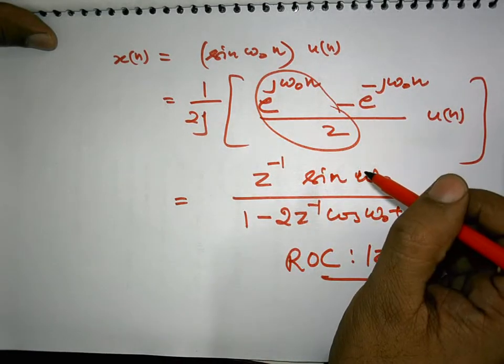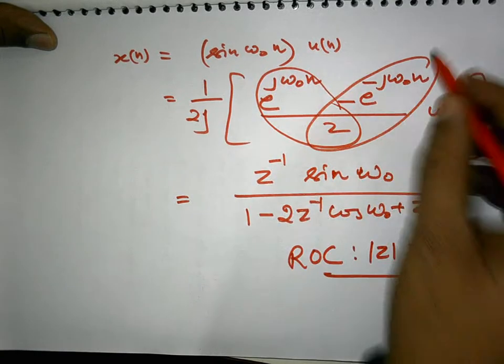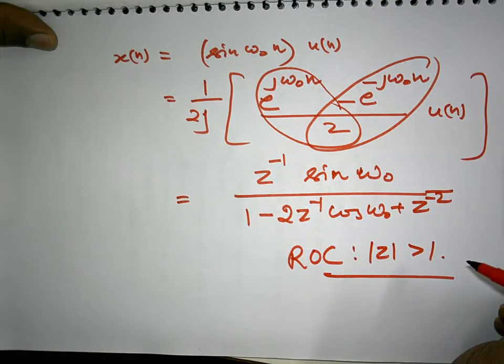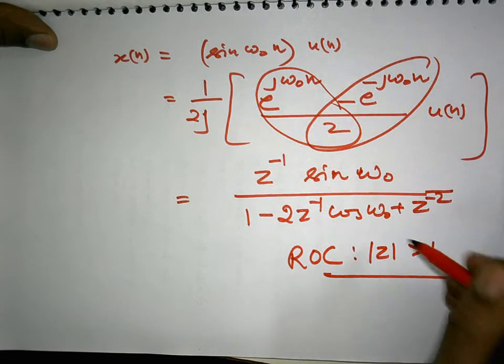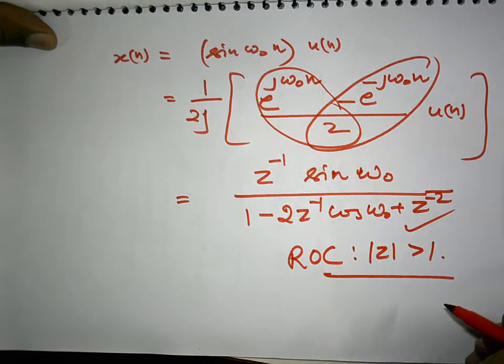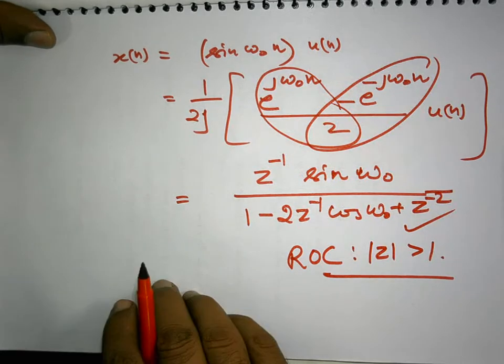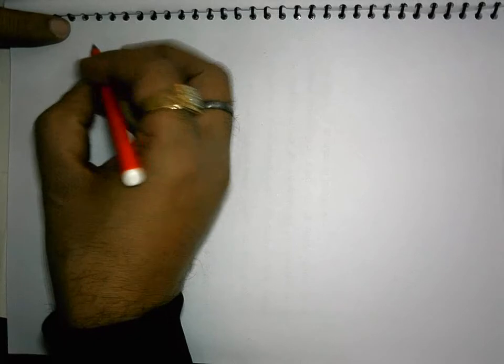Each is an expression in the form of alpha to the n u[n], so they can be solved independently and then combined to form this expression. These were the examples to elaborate the linearity property of the z transform.